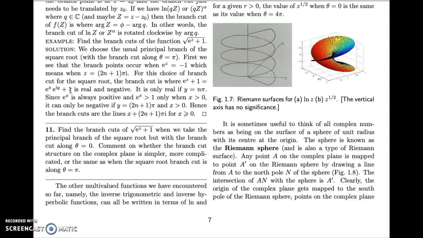When x is more than 0, 1 minus e to the x will be negative. So, summarizing, the branch cuts are the lines x plus (2n plus 1) pi i, where x is greater than or equal to 0. So it's anywhere where x is greater than 0 and y is equal to (2n plus 1) pi.